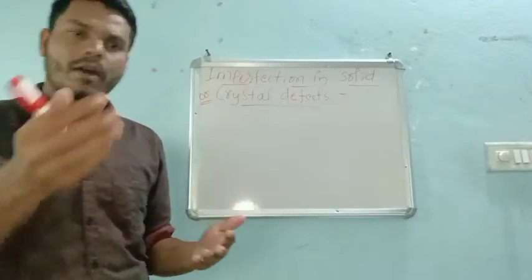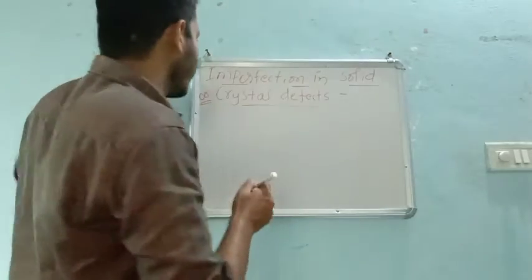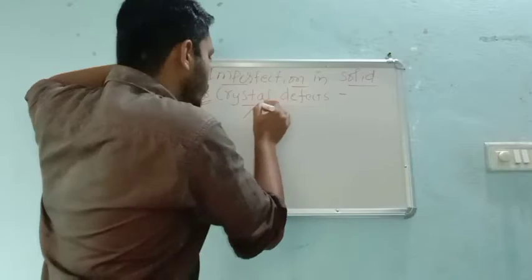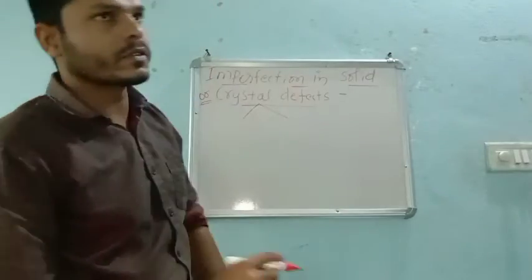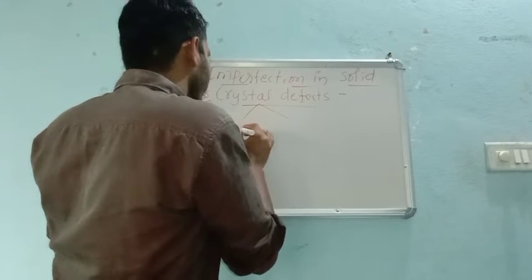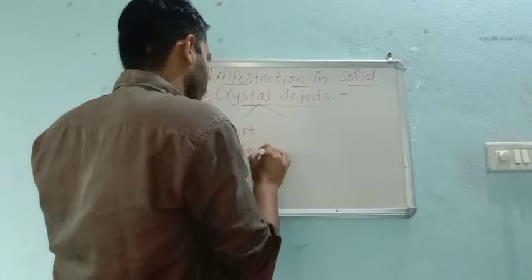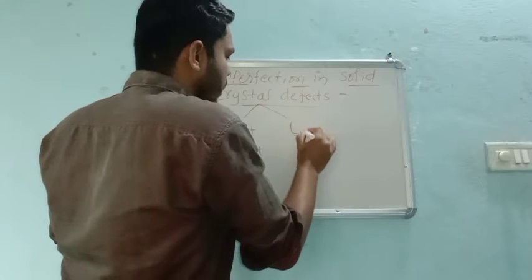This is simple. Already I have given you the notes. You can go through it. Now let's see. There are two main types of crystal defects, right? One we call a point defect, and one more is called a line defect.